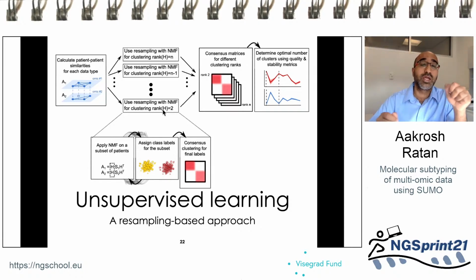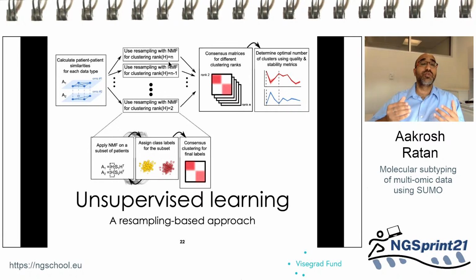And we are then going to again take 80% of this data and again do the decomposition. Because we do this multiple times, we can generate what's called a consensus matrix. So if we ran it 20 times, how many times did a pair of patients go together? That is represented in a consensus matrix. And besides doing it for rank, or number of clusters, equal to 2, we can do this for 2, 3, 4, 5, up to a specified number.